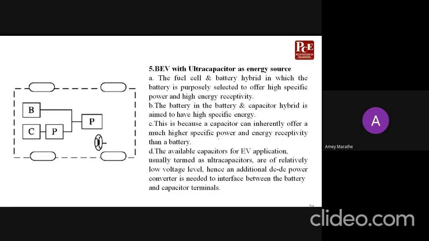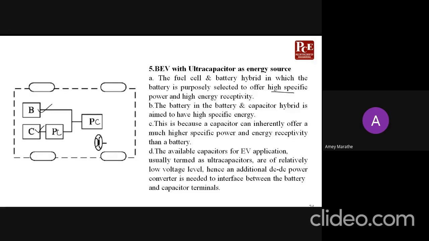Next is battery electric vehicle with ultra capacitor as an energy source. So you see, you still have a battery, you have this capacitor, and you have a power converter here for the capacitor and a power converter here for the battery. In the fuel cell and battery hybrid, the battery is selected to offer high specific power and high energy receptivity.